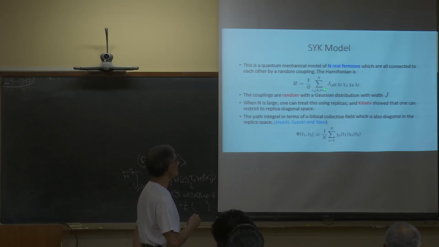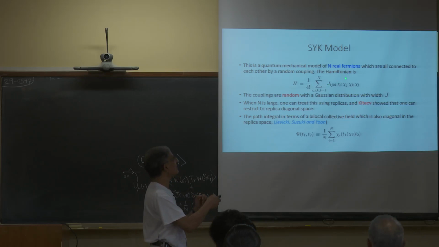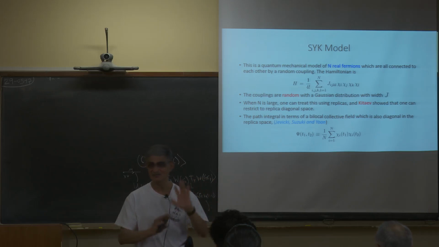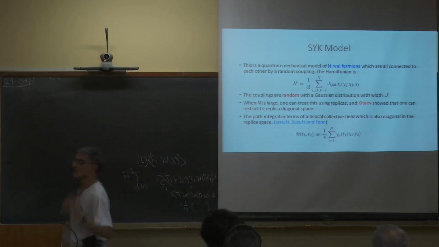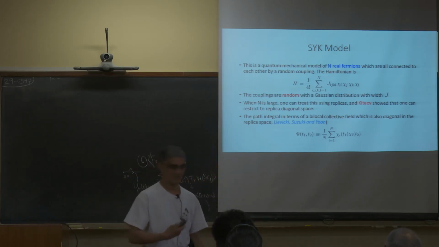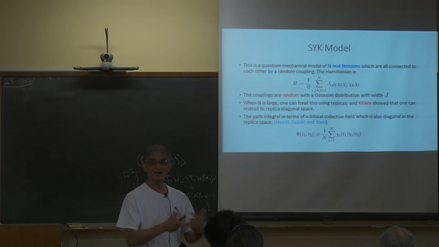One way of dealing with the randomness is to use the replica method, and apparently Kitaev showed that whatever you do, when you have a large number of these indices, it is always replica diagonal, to leading order in large n. So, I will assume that. Saying that, we can clearly define a bilocal field, where i's now become an internal index.